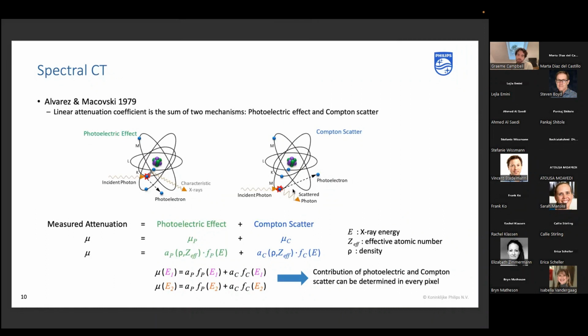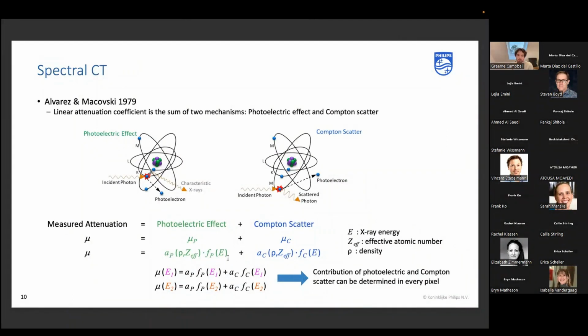Or with other materials, you typically will have scatter, so Compton scatter. So we can assume, and for CT energies it's mainly the case, that one of these two things is occurring, and our total attenuation in a voxel is made up of the photoelectric attenuation and the Compton scatter attenuation in that voxel.